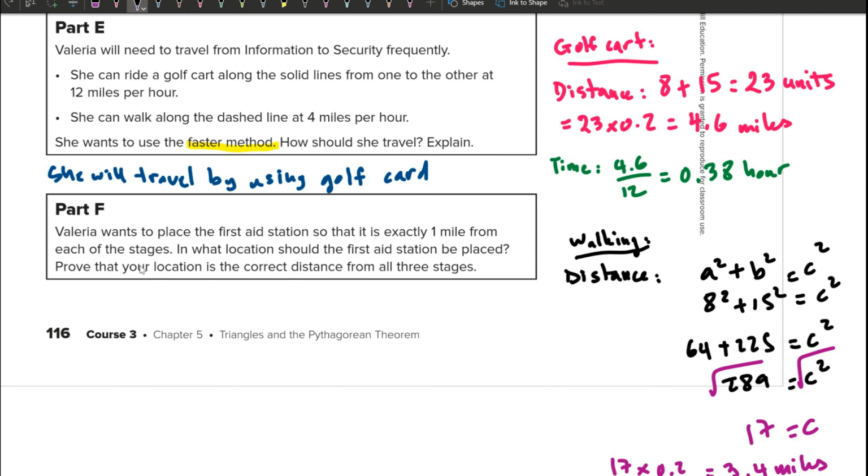So what did it say? Prove that your location is the correct distance from all stages.